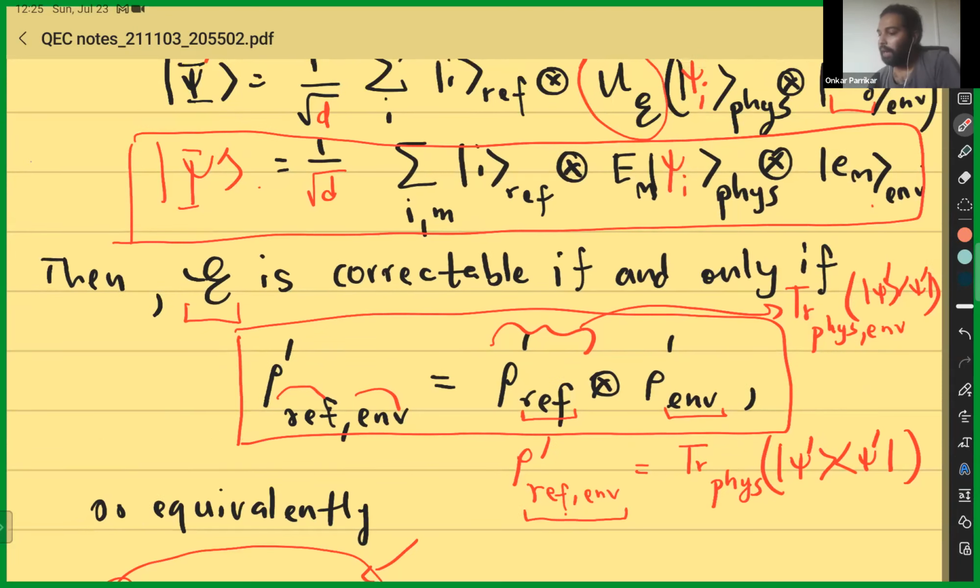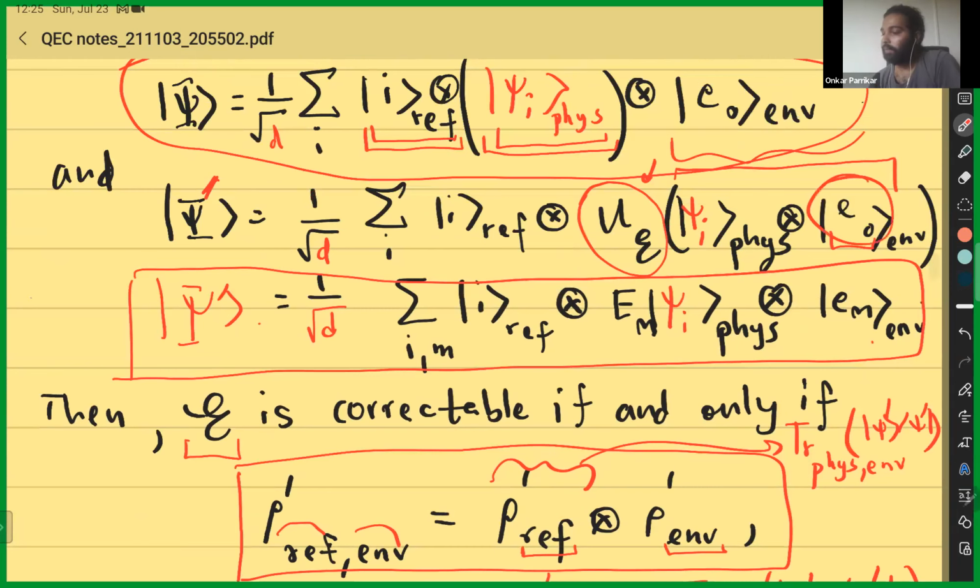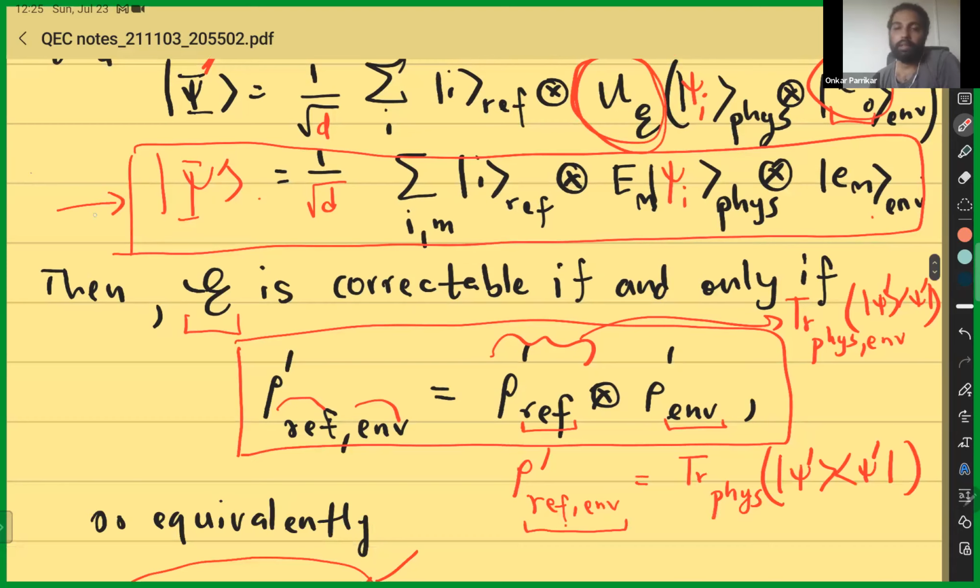So the error acts by bringing in this environment and then acting on the physical and the environment Hilbert spaces with this joint unitary operator U. The second line here is just another way to write that same formula in terms of Kraus operators. Is this clear? I may have misunderstood you. No, I mean, how is this a purification? That's what is confusing me.